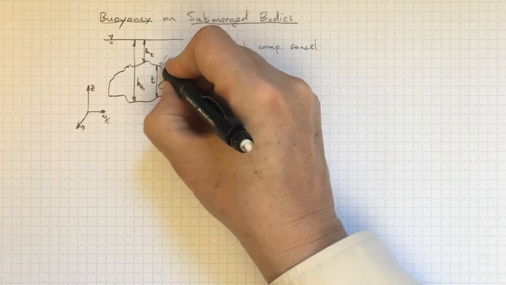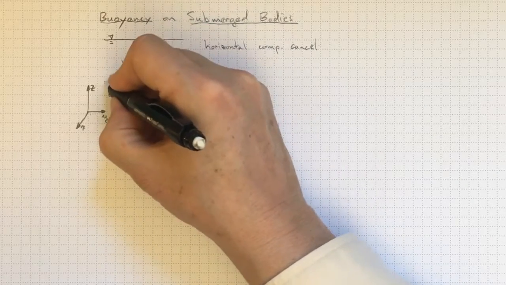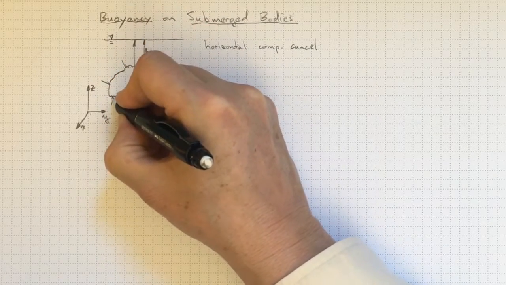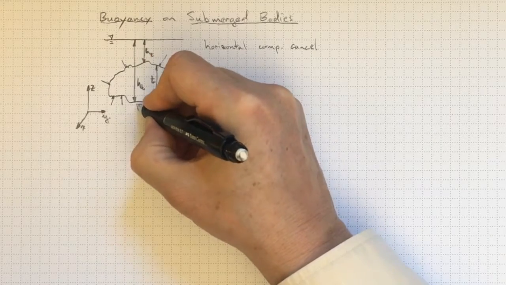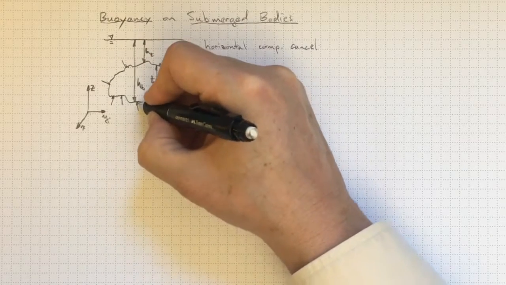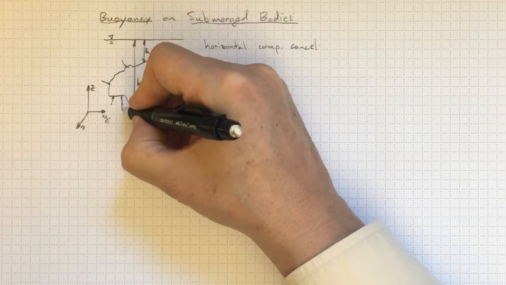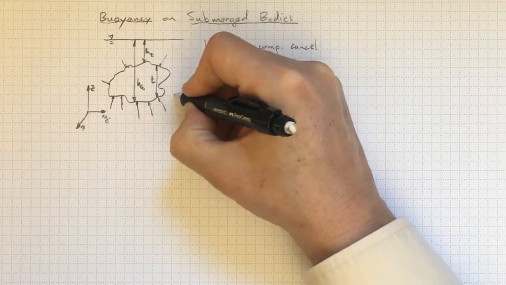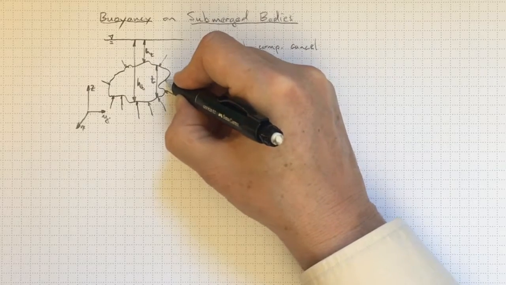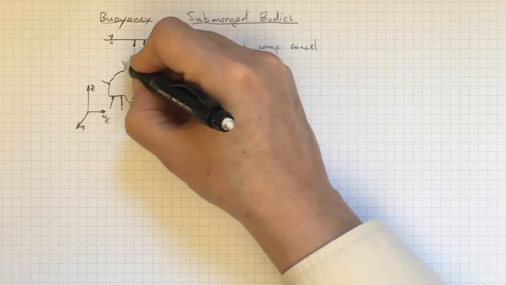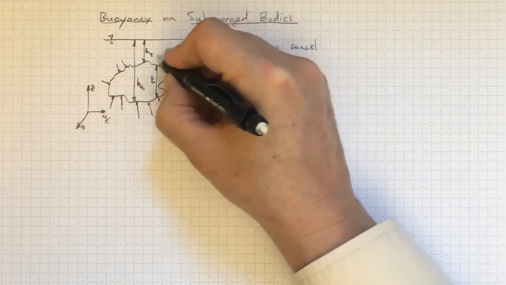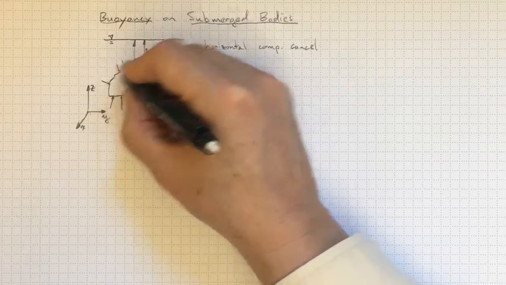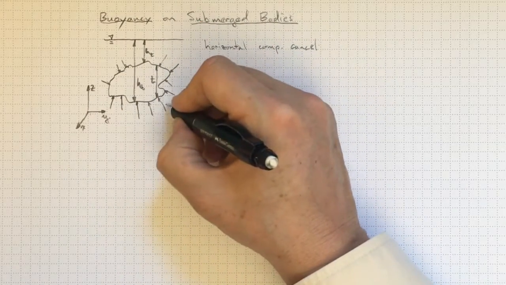If I look at the pressure forces acting on the outside of this body, they act normal to the surface all the way around. The pressure is higher on the bottom than it is on the top. And the net result is that we'll have a net upwards pressure force, because the pressures on the top are smaller on average than the pressures on the bottom.